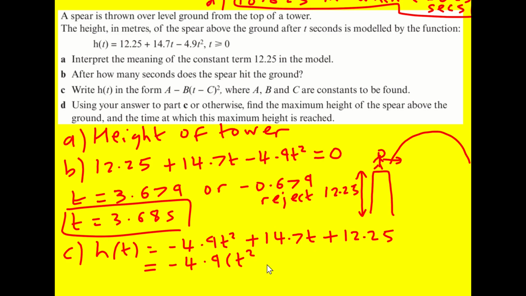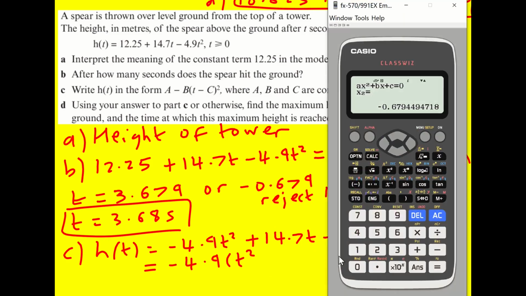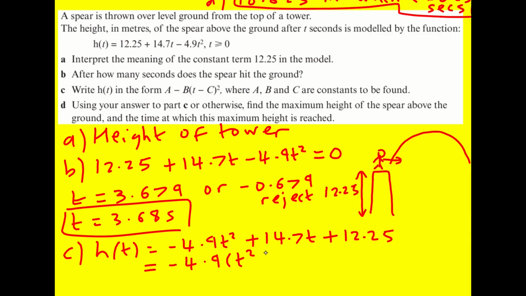Then we have to see how many 4.9s go into 14.7. Actually, it's 3. And that's going to become minus 3t.